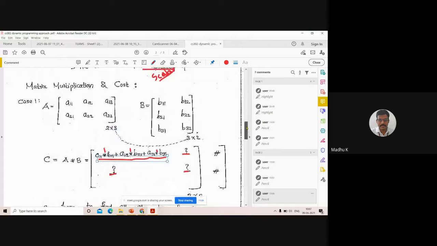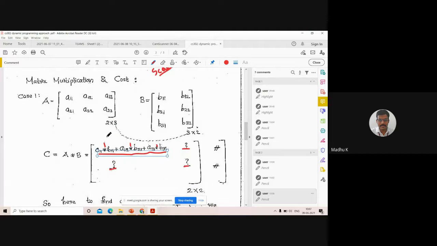So what will be the total number of multiplications needed? 3 scalar multiplications are needed to find each element, and there are 4 elements in this matrix. This is 3, this is 3, this is 3. In total, it is 4 into 3, which is 12.